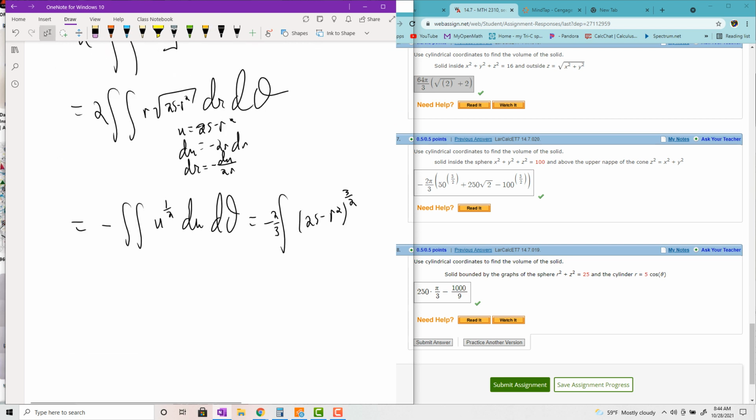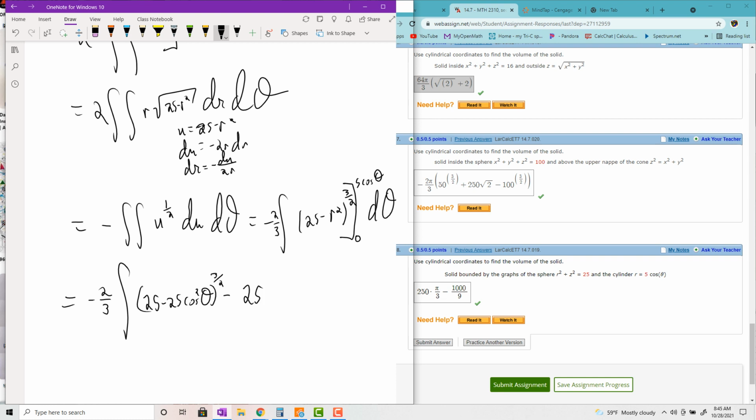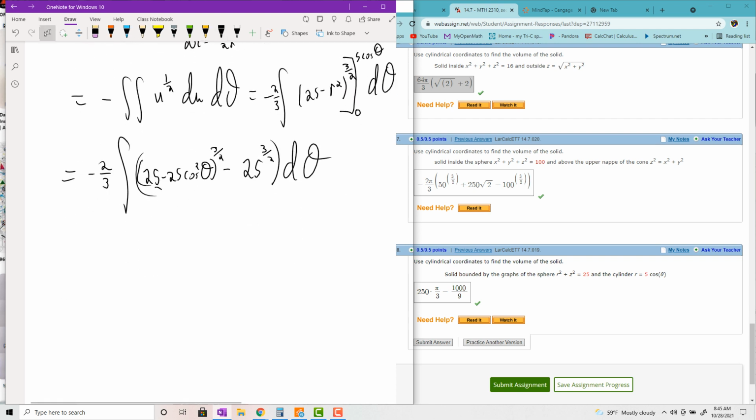And then I need to evaluate that thing from 0 to 5 cosine theta d theta. And then I got negative 2/3 integral of (25 minus 25 cosine of theta squared) to the 3/2, and then minus just 25 to the 3/2. And then I could simplify the heck out of this, right?